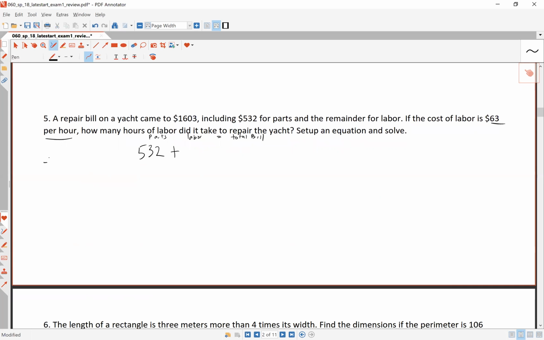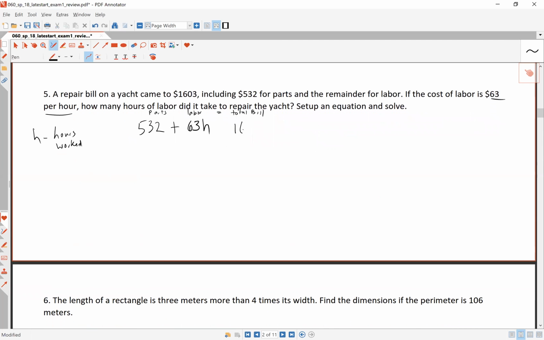So we'll let H be the number of hours worked on the yacht. So we multiply 63 by H, and that gives us the labor. The total bill is 1,603. So the parts plus the labor is the total bill.